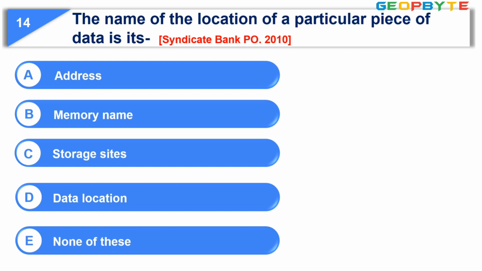If we store a particular piece of data in memory, that location is referred to as its address. Data stored in a computer can be uniquely identified by using an address. So the name of the location of a particular piece of data is its address. And the correct answer is option A, address.